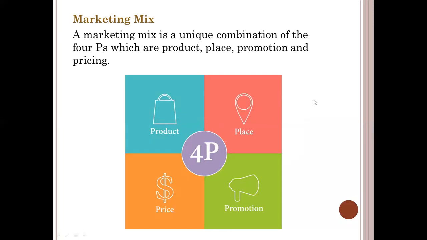And these 4 components, I will start with the product. So for product, these are the goods and services that create offerings. Product is a broad concept that comprises the satisfaction of customer needs in relation to a good, service, or idea.